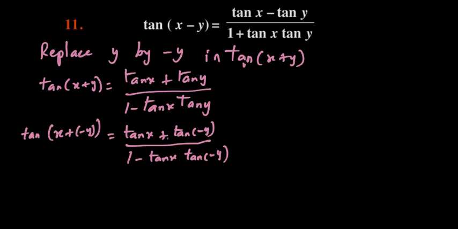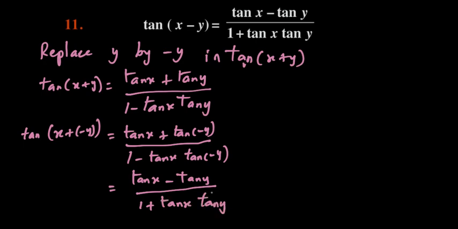If we substitute here, it is tan x minus tan y divided by 1 minus tan of minus y, which is minus tan y. Already one minus is here, and minus into minus becomes plus, so plus tan x tan y.